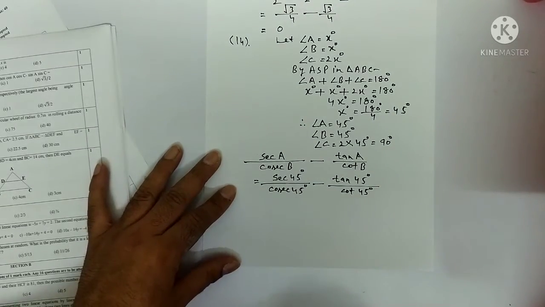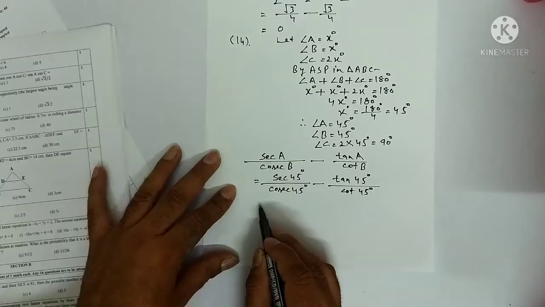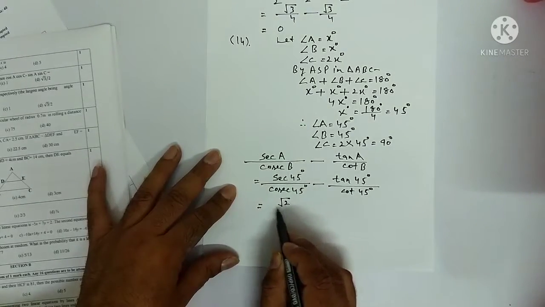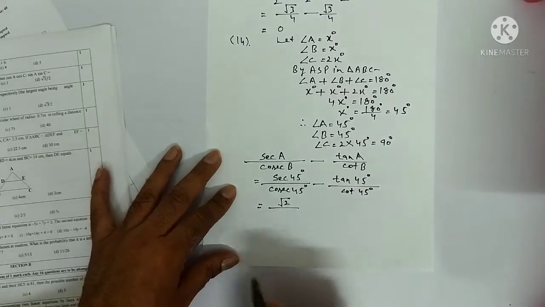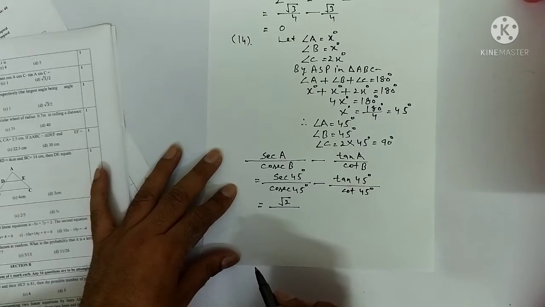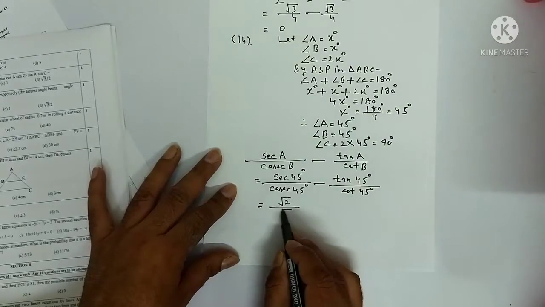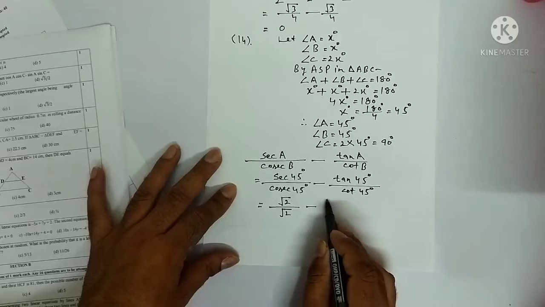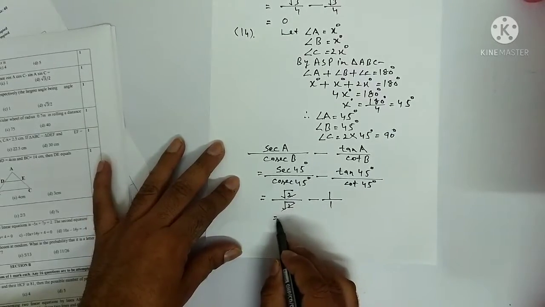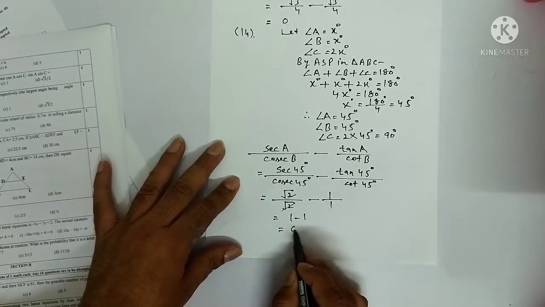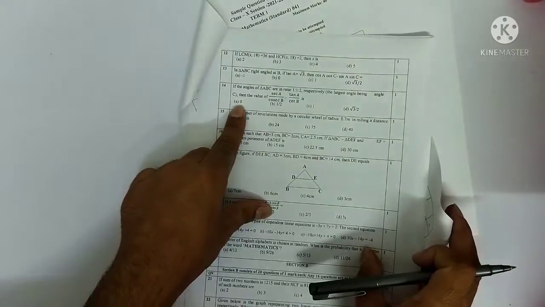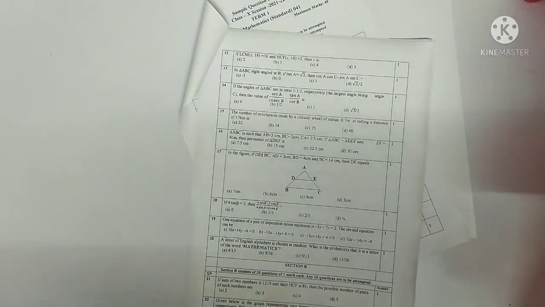Now you need to put the values. The value of secant 45 degree is under root 2. You can make the table accordingly, otherwise you must learn the values. Cosecant 45 degree is also under root 2. Tan 45 is 1 and cot 45 is also 1. So the root 2s cancel. So 1 minus 1, what is the answer? 0. So you can check in the options. Option A is giving 0 as the answer.